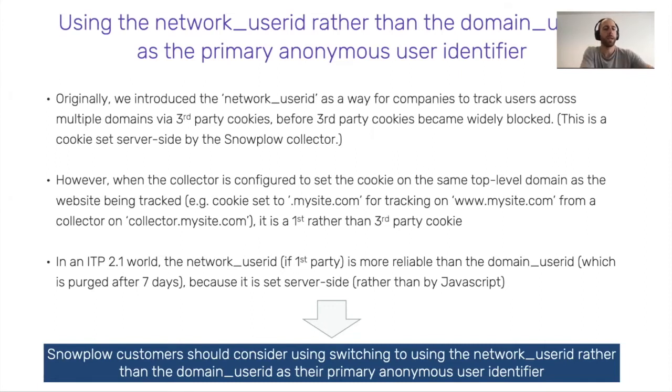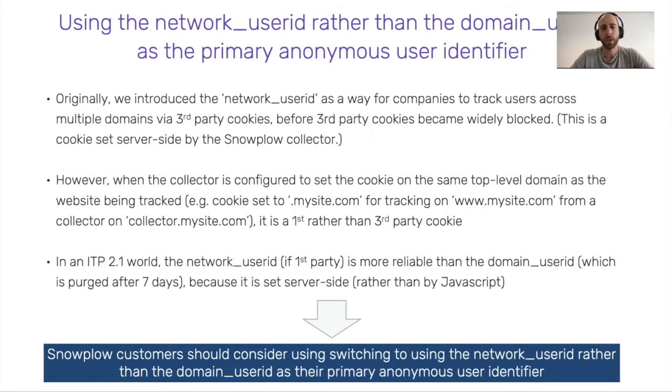What's interesting is that if the collector is configured to set the network user ID on the same top-level domain as the website being tracked, then the cookie is treated as a first-party cookie rather than a third-party cookie.